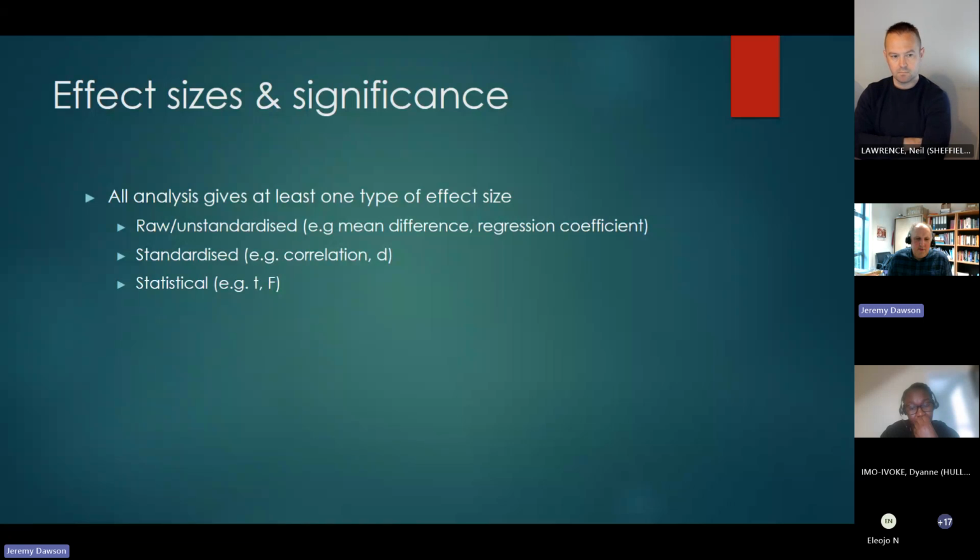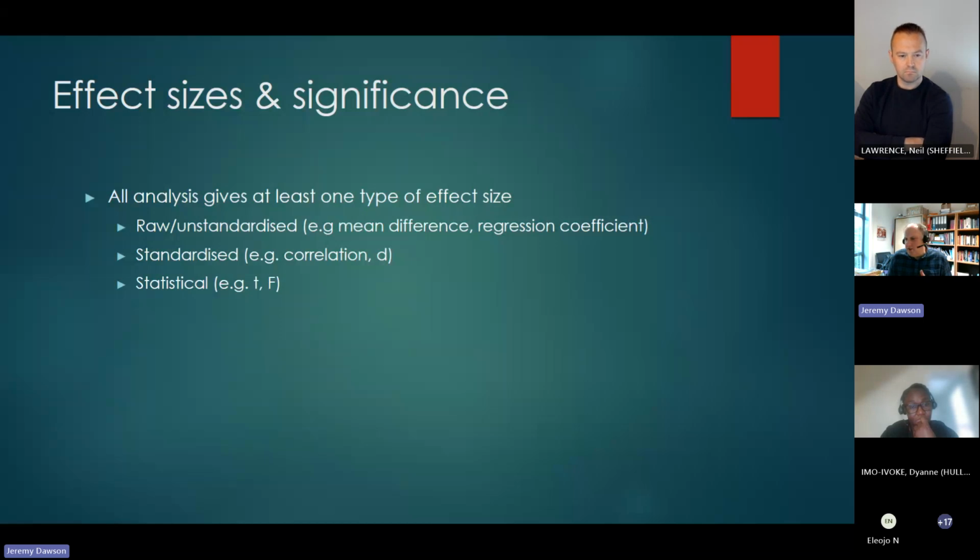There are other types of standardized effect sizes for different situations as well. For example, if you're looking at differences between groups, the effect size called d, which is basically just the difference divided by a common standard deviation, can be used to represent whether it's a small, medium or large effect.